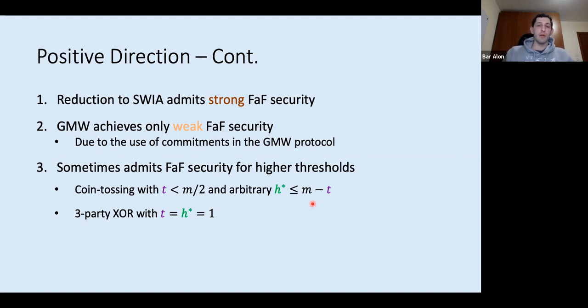And the reason why it might be impossible is these two examples. Three-party XOR and coin tossing are generally impossible if we simply increase the security threshold. But if we only care about increasing H star, then suddenly it's possible. And this is what this proof shows.